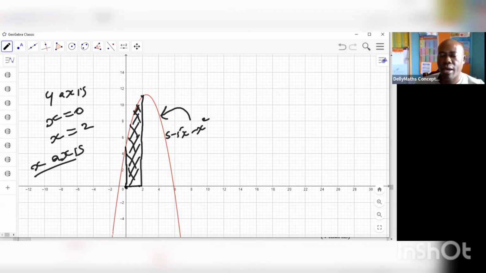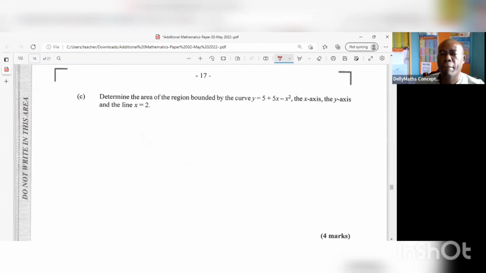So let's employ the working out now. We want to take the integral of 5 plus 5x minus x squared dx from 0 to 2.